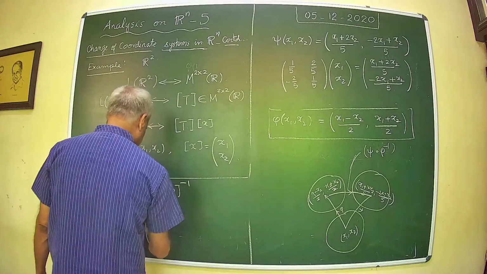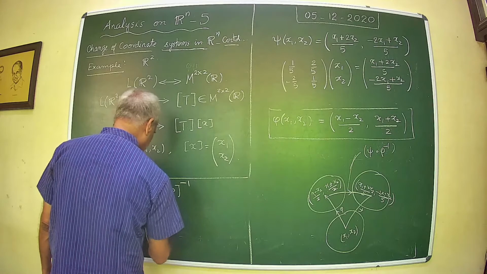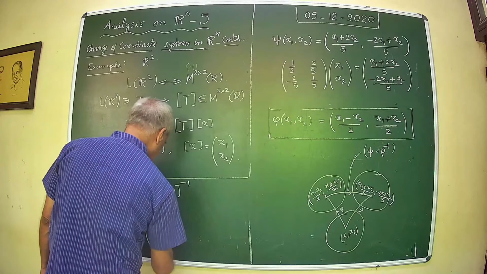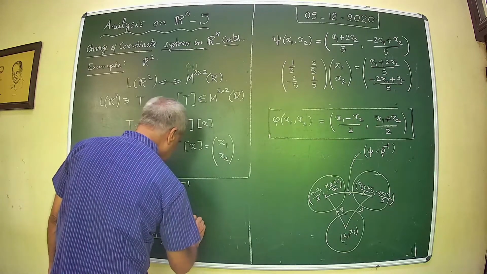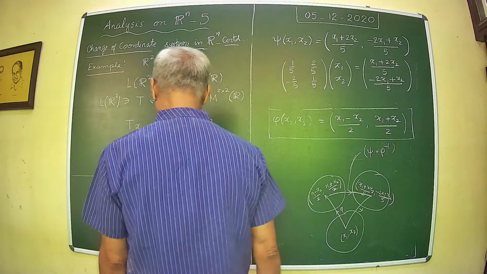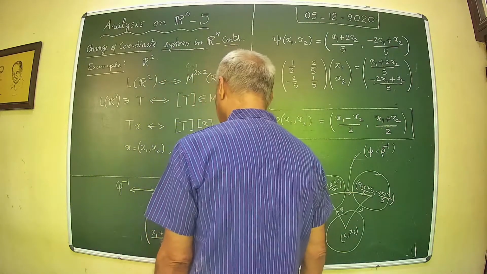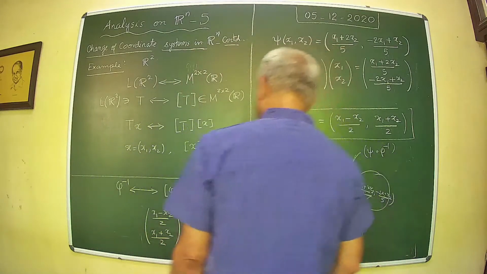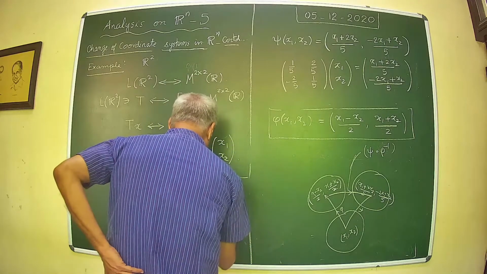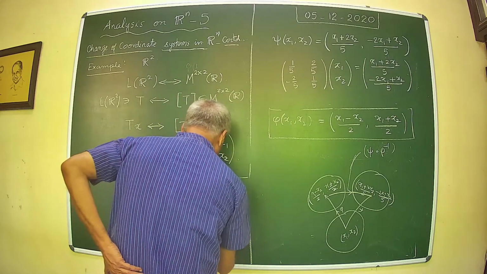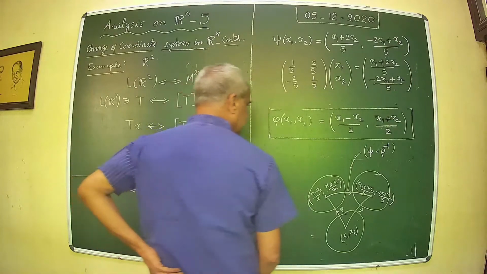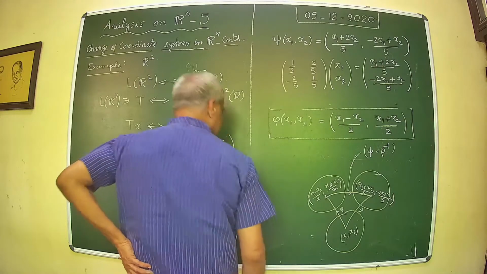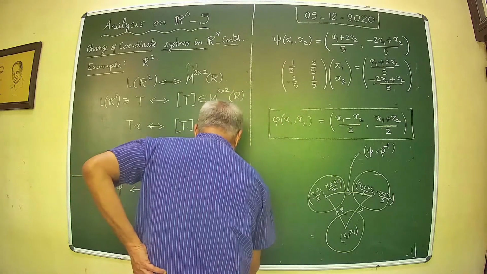See, x1 minus x2 by 2, x1 plus x2 by 2 is mapped to x1 plus 2x2 by 5 and minus 2x1 plus x2 divided by 5.